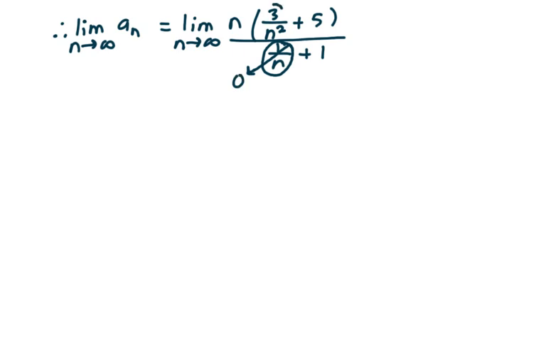And as n goes to infinity, 3 over n squared is also going to 0. And so what we have left is infinity. And so therefore, the sequence a sub n diverges. So this is just another example of a sequence that's going to diverge. Okay? That's example 1.